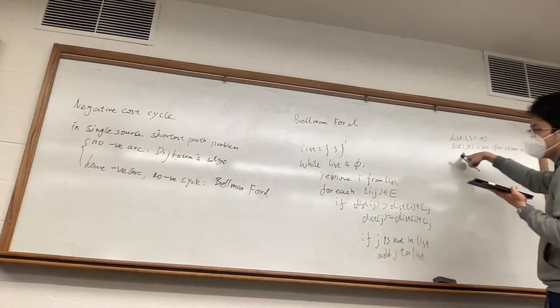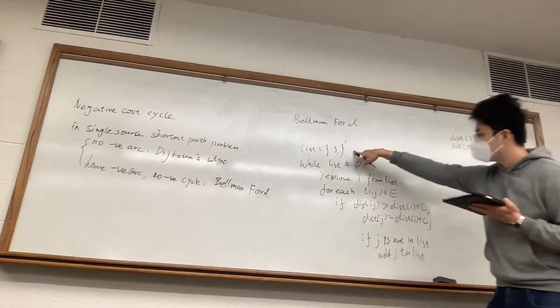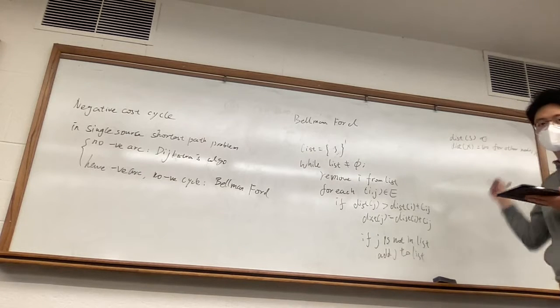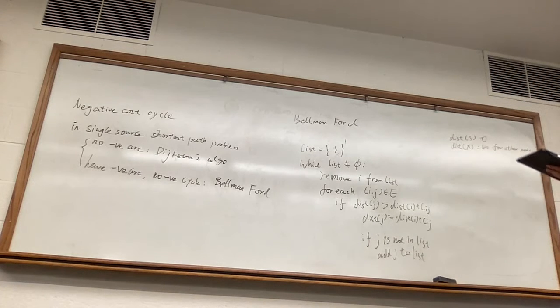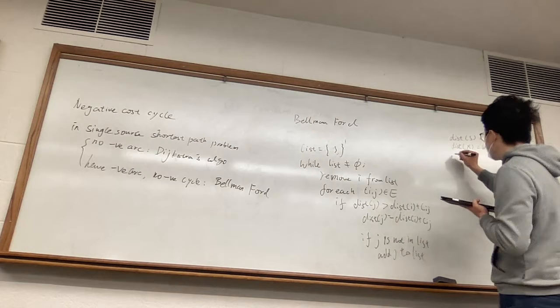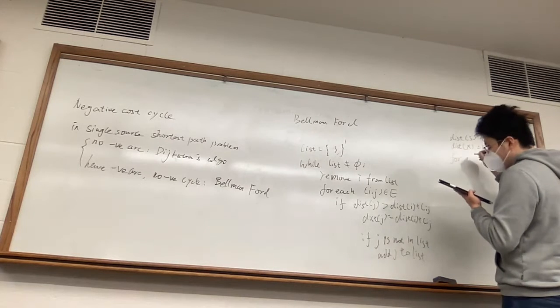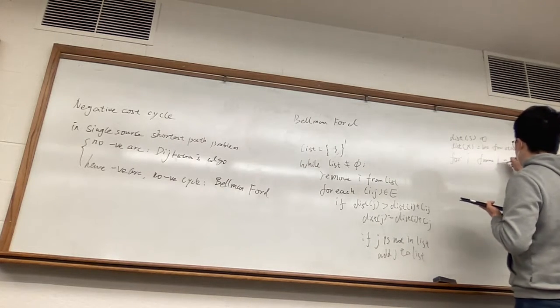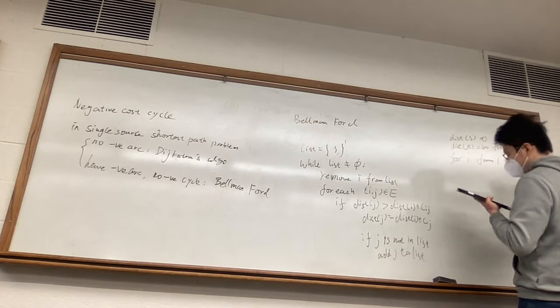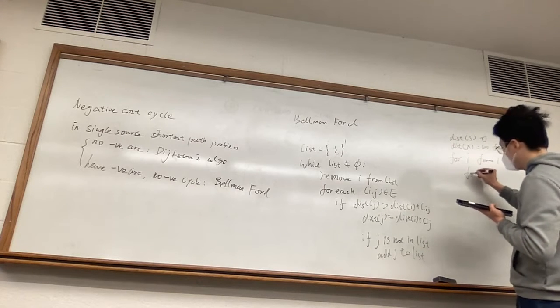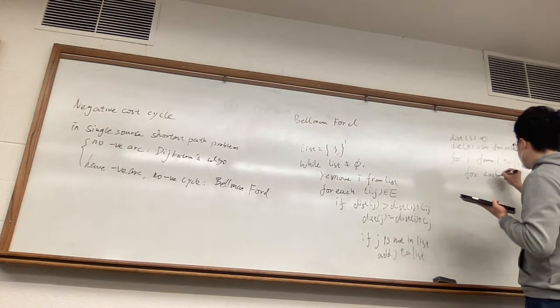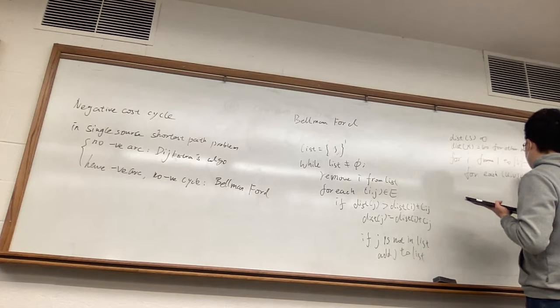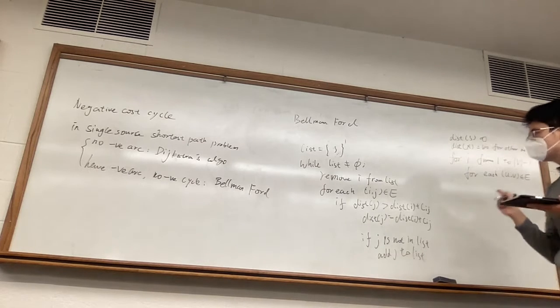So this is your initialization. And then I use the for loop: for i from 1 to v minus 1, and for each (u, v) in E. That's to say, we have a nested for loop.